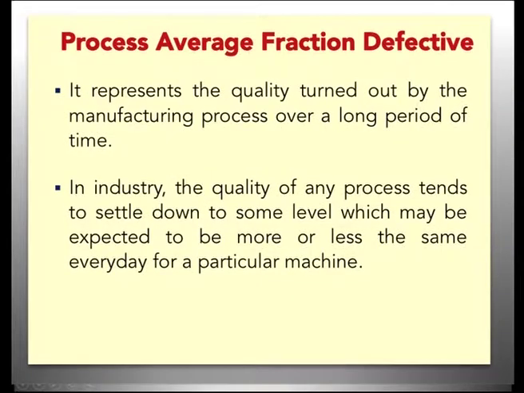Next terminology is process average fraction defective. This process average fraction defective is P bar. This P bar represents the quality turned out by the manufacturing process over a long period of time. For example, in industry, the quality of any process tends to settle down to some level which may be expected to be more or less the same day after day for a particular machine.